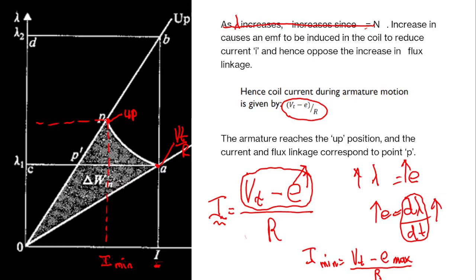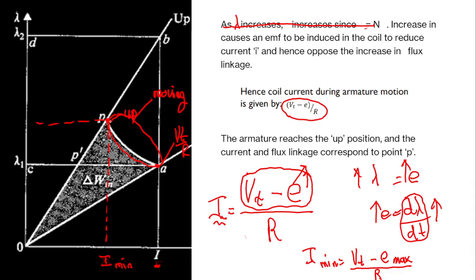If the magnetic field is not changing in terms of the linkage, the induced EMF will go to zero, and you end up with Vt over R. So the E is not instantaneously going back to zero, it will just reduce. So you're going from 0 to A, then it starts. This portion here is when it's actually moving.